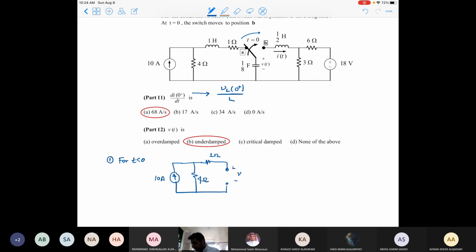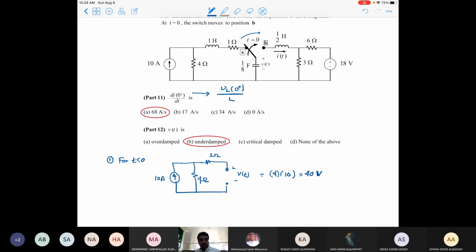So if I ask you what is v(t) here for t less than 0, you'll see that v(t) is going to be 4 multiplied by 10, and it's going to be 40 volts.